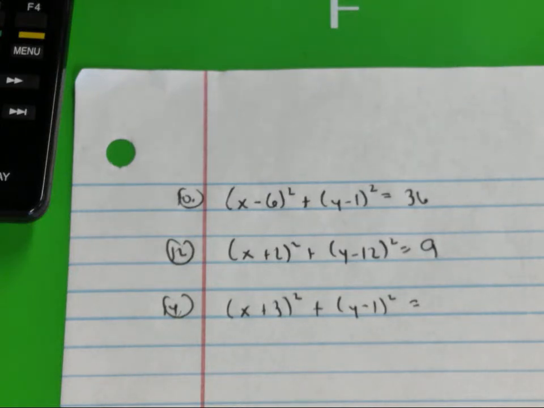I got negative 2, that's 1 unit. Negative 1 is 1 unit. 0 is 1 unit. 1, 2, 3, what? How many is that? 7. What's 7 squared? So that's the equation of that circle.